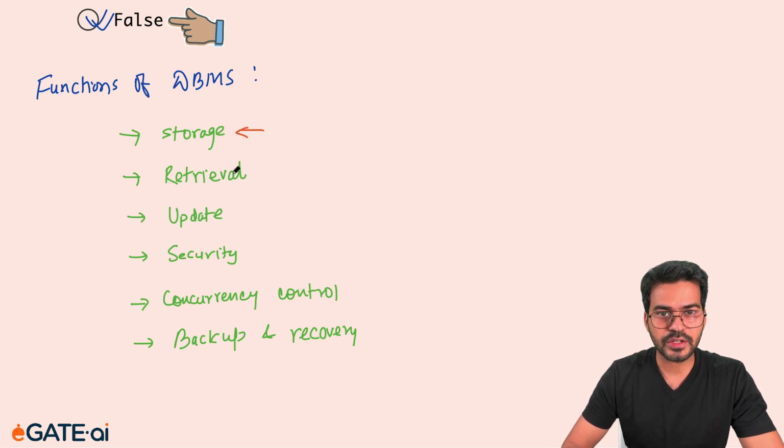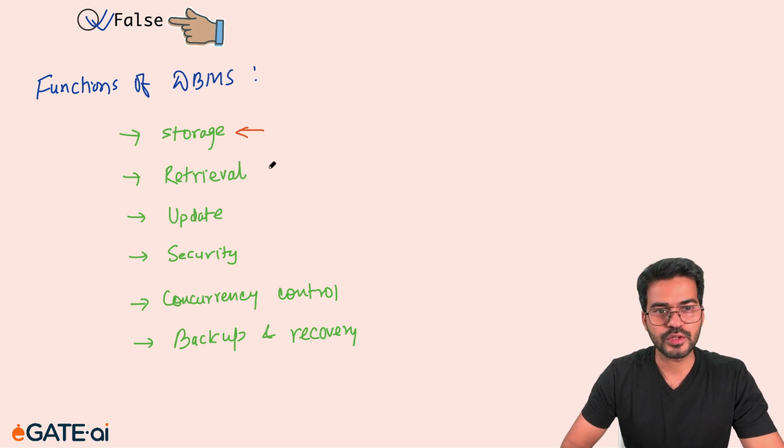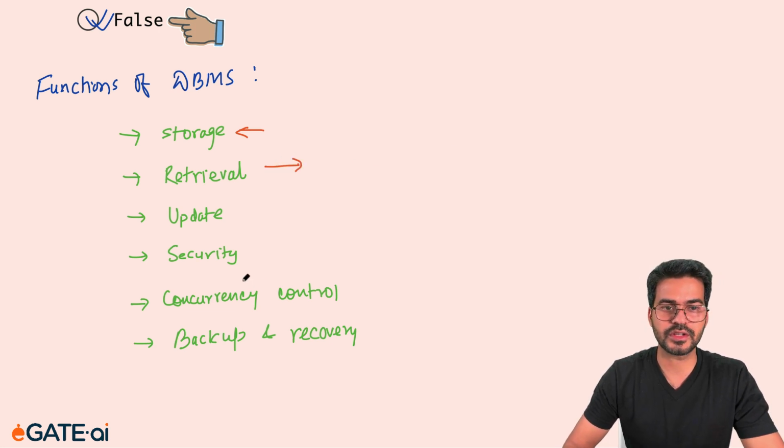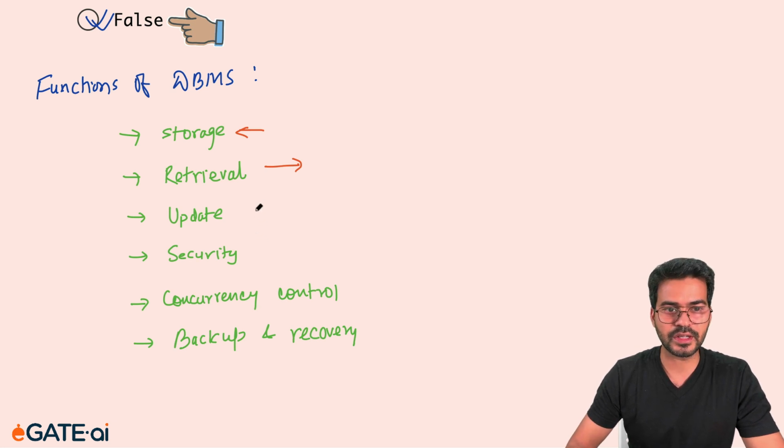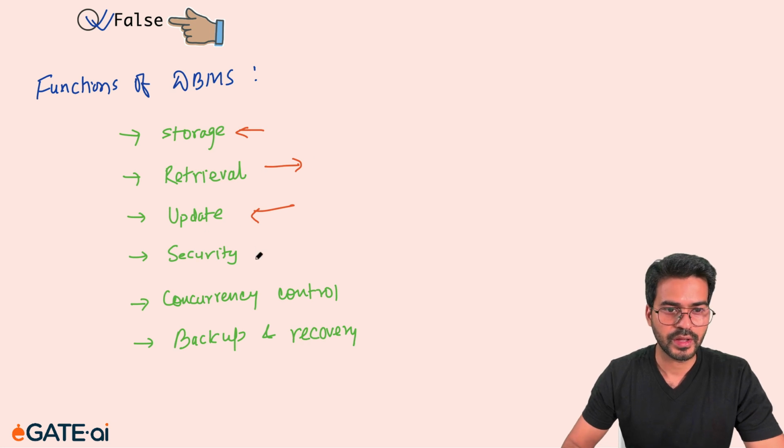So to write to the table, or however it is storing the information, you should be able to store the information. Similarly, you should be able to retrieve the stored information. And you'd also like to sometimes update, like let's say you want to update the information about a book being issued.